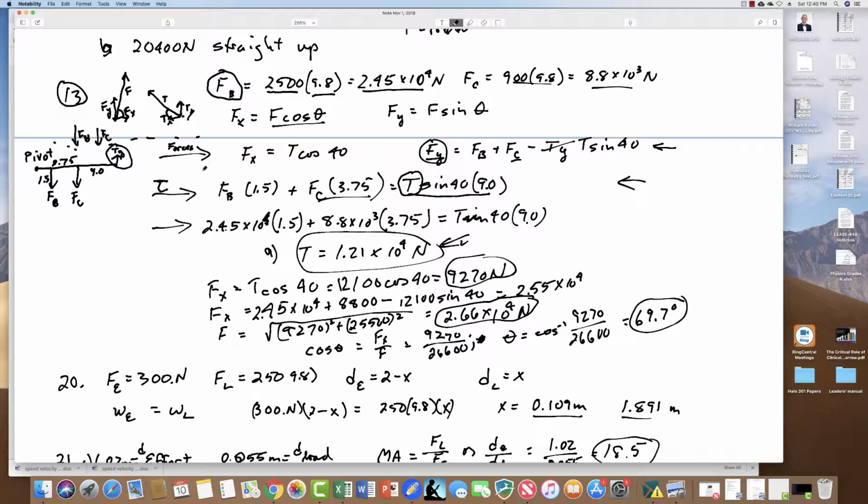And as I said, these forces in both the horizontal and vertical direction have to balance. In the horizontal direction, the X component of the force by the hinges has to be equal and opposite to the X component of the tension in the cables. So that's shown here.